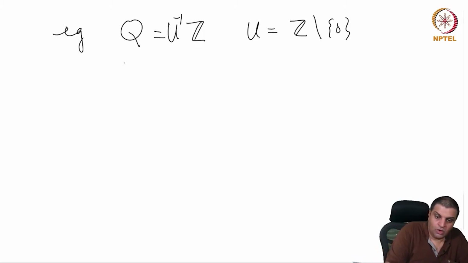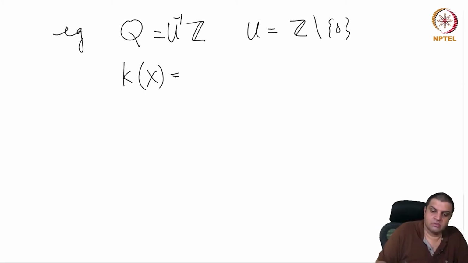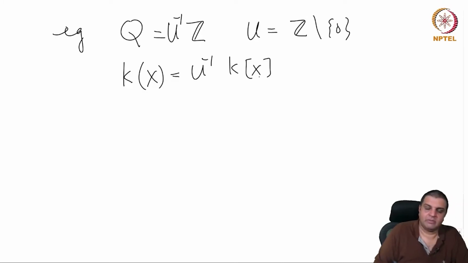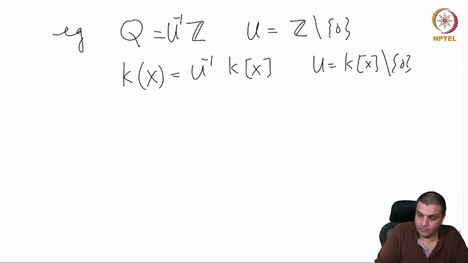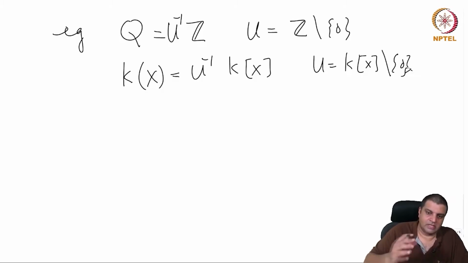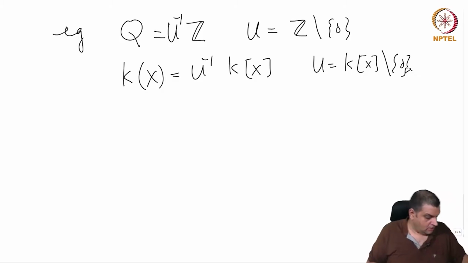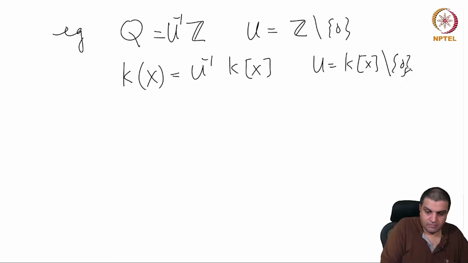Or the rational function field in one variable is U inverse the polynomial ring in one variable, where U is all the non-zero polynomials. So it is this construction that U inverse R generalizes.